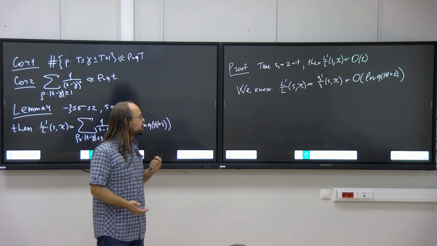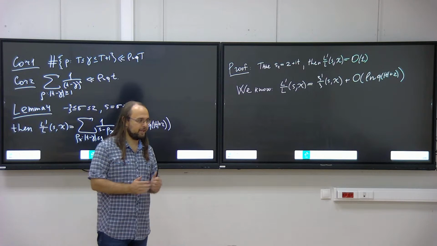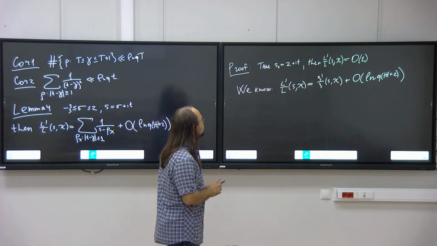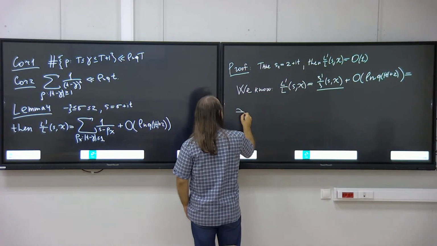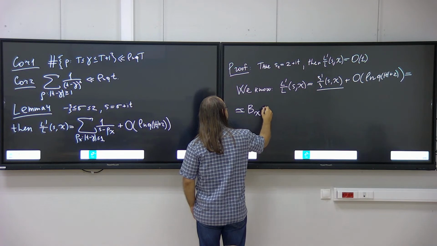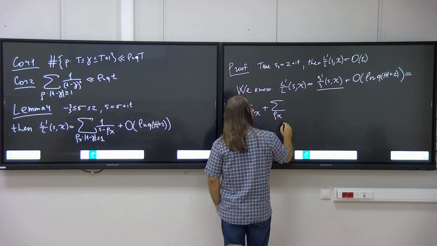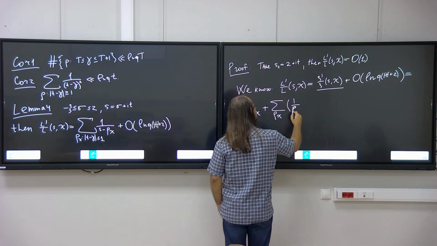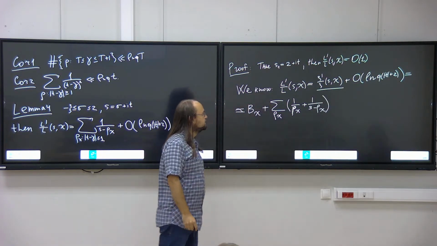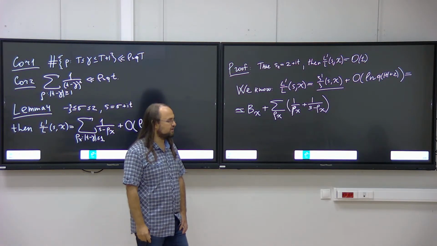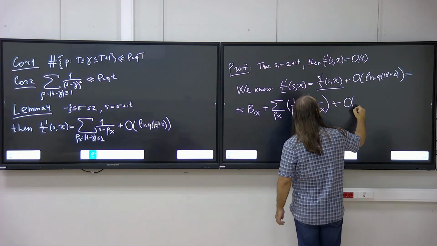And the logarithmic derivative of gamma can be estimated as logarithm of absolute value of t. Okay? Next, what do we do? This is a product, so this can be expanded as b sub chi plus the sum over all rho chi of 1 over rho chi plus 1 over s minus rho chi. So this is just a clean expansion of xi, and then we have the correction term, of course.